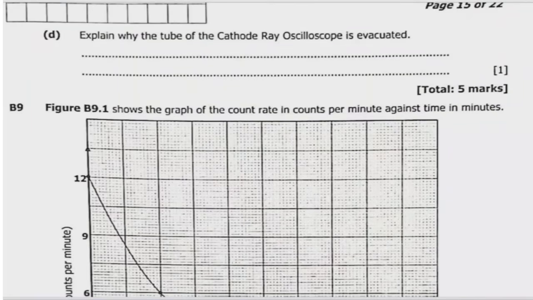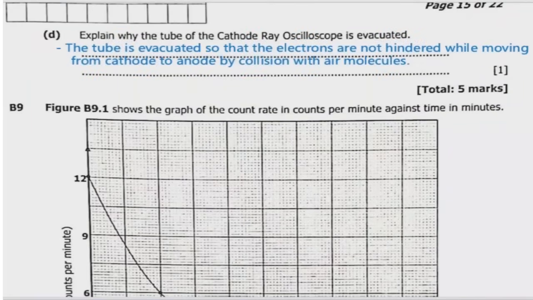The answer is the tube is evacuated so that the electrons are not hindered while moving from cathode to anode by collision with air molecules. Okay, so basically these were the answers the examiners expected you to write in the answer spaces. If you have questions, please ask in the comment section. Otherwise, this is how you go about this question.